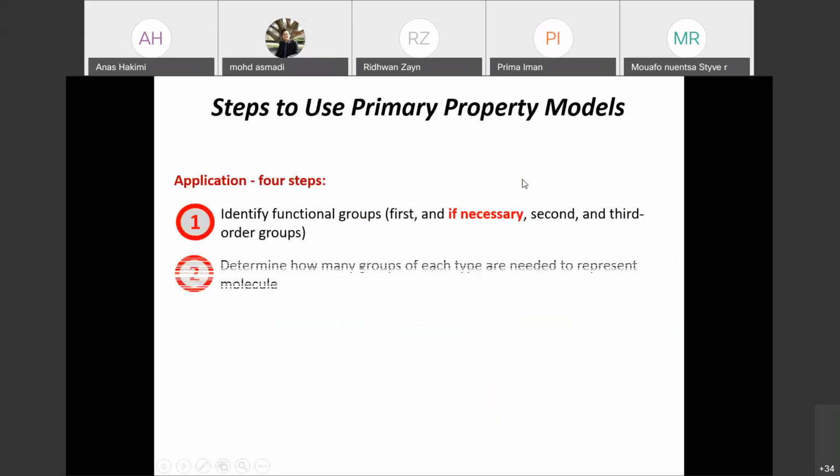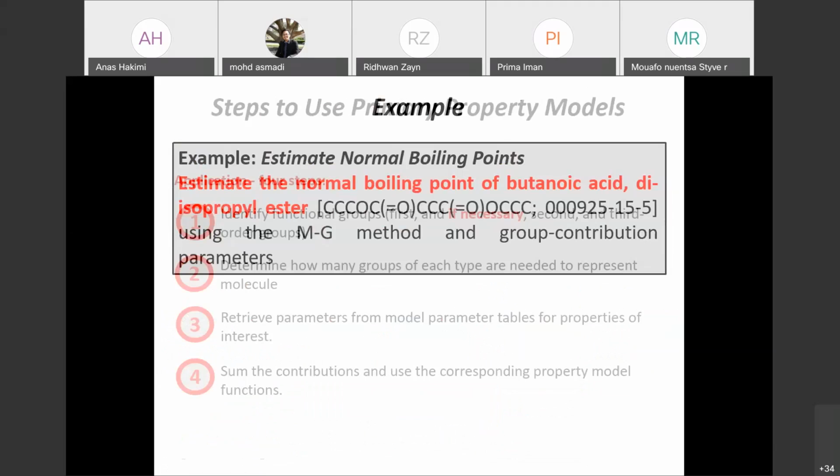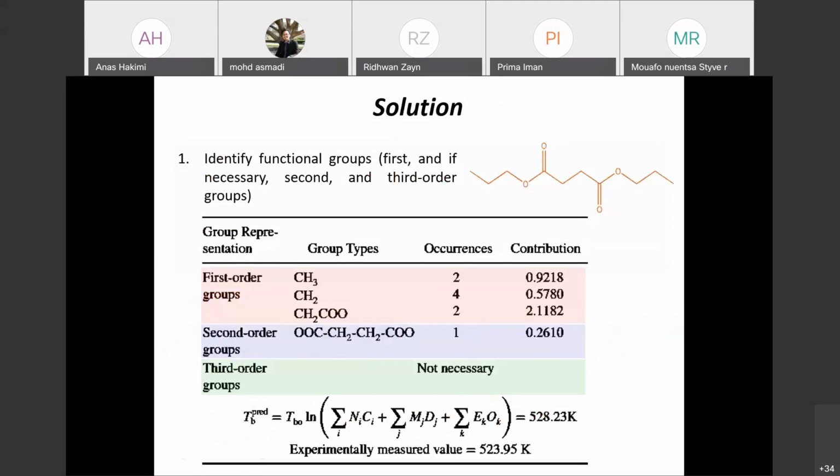And then for the right side, the number of occurrence, we now already know the number of occurrence. Ci, right?